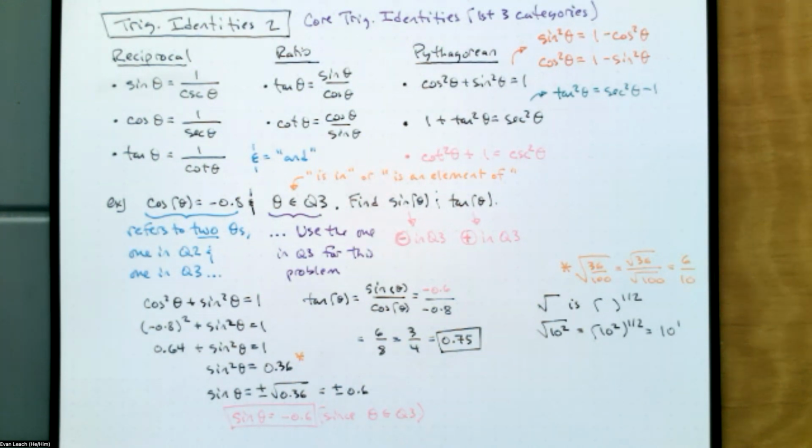The reason I point out this square root of 0.36 thing is we got to be careful. We don't want to fall into certain patterns.